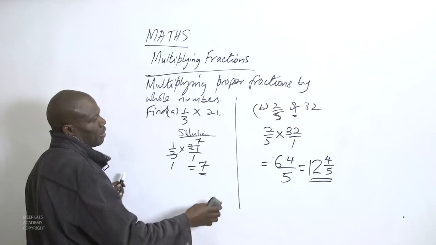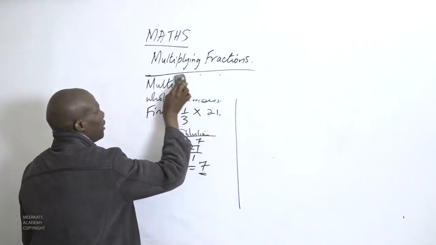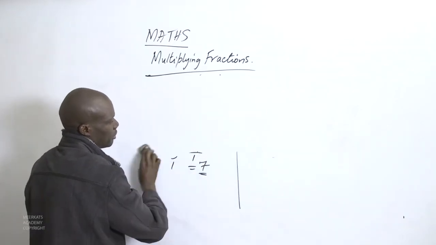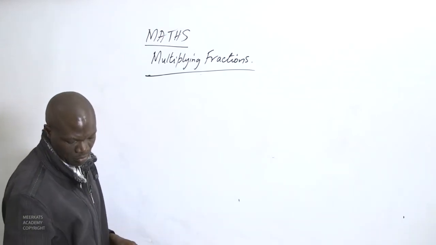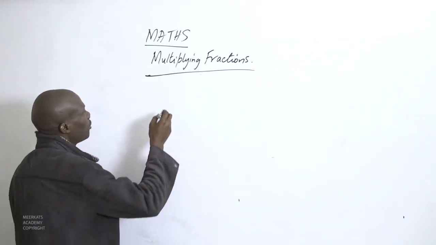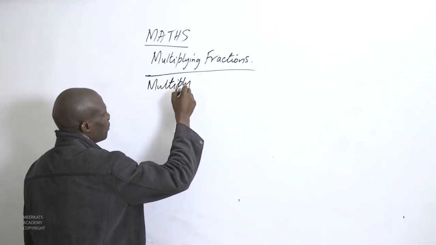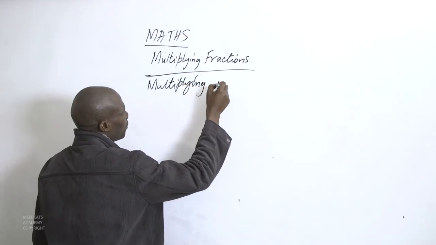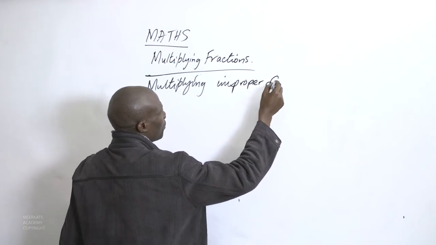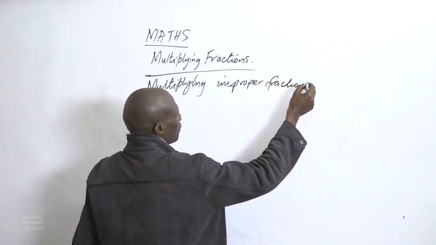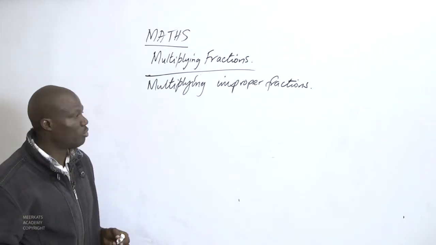Now let us come to an area where this time we shall have improper fractions being multiplied. Multiplying improper fractions.